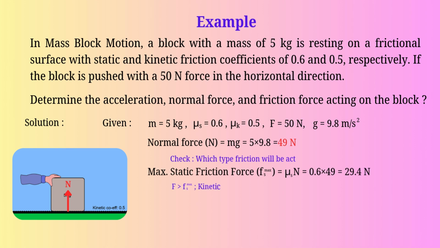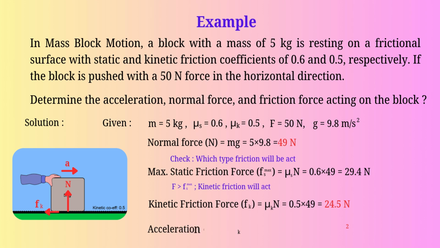Since this force is less than the applied force, the block will move and kinetic friction will act. We calculated the kinetic friction to be 24.5 Newton, acting in the opposite direction of the movement. Now, we can calculate the acceleration by using the formula. After performing the calculations, we obtain the same results as in the simulation.